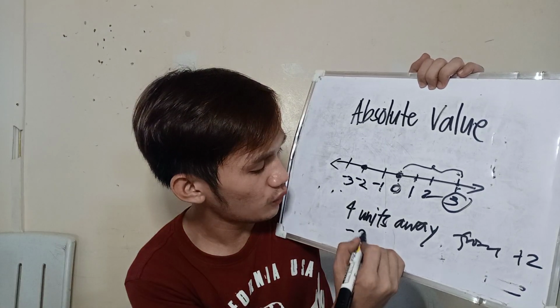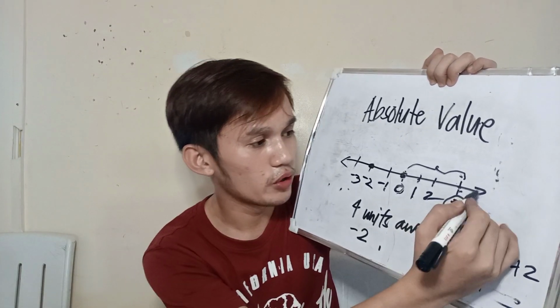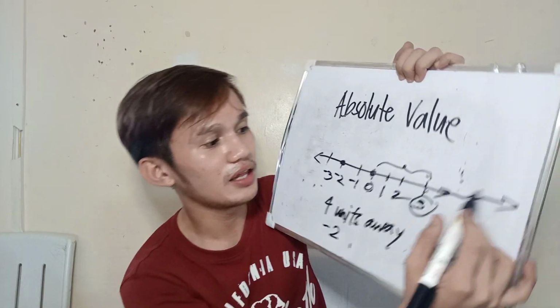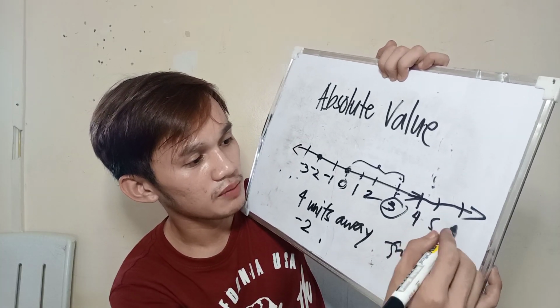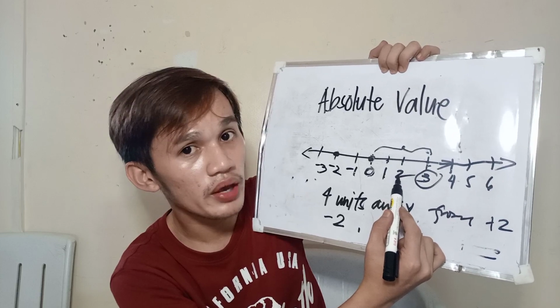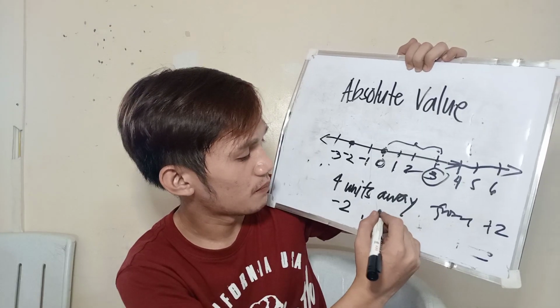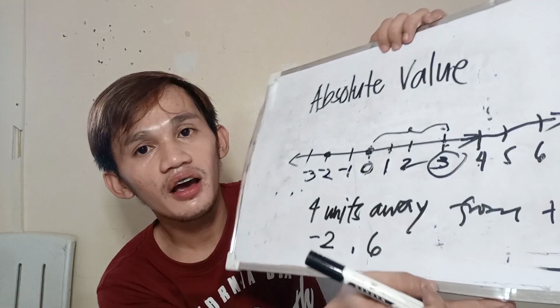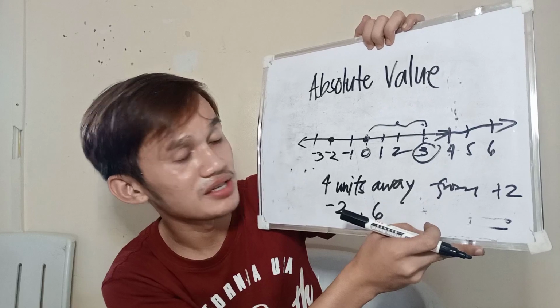So that is negative 2, and the other one is, if we extend this, positive 4, positive 5, positive 6. From 2, we have 1, 2, 3, and 4. So it's positive 6. So they are the numbers that are 4 units away from positive 2.